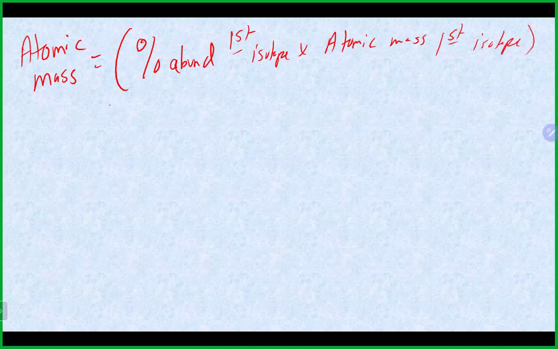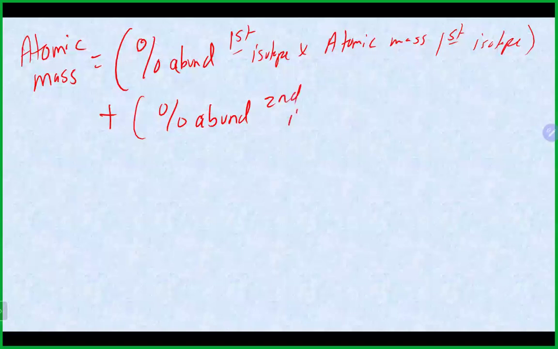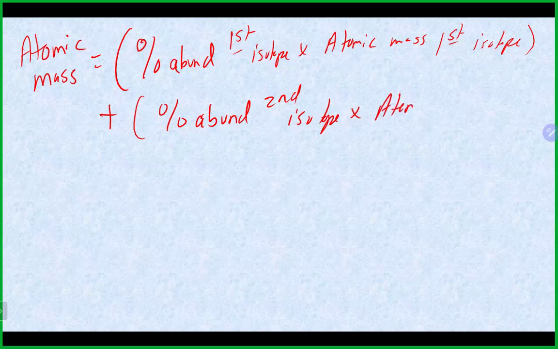And then we add it. People always want to multiply here, but we do add it here. We take the percent abundance of the second isotope times the atomic mass of the second isotope. And then we just continue that pattern, however many naturally occurring isotopes we have.